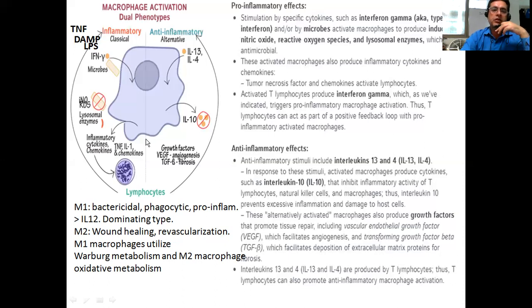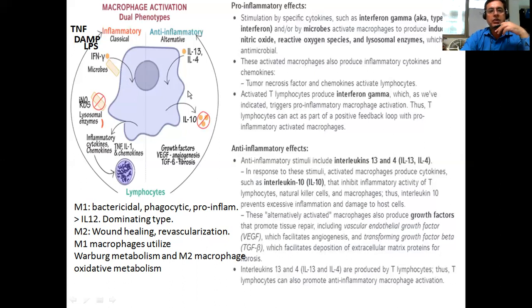But briefly, I just want to tell you here that this is a pro-inflammatory activation. M1 is a pro-inflammatory activation, and M2 is an anti-inflammatory activation. Two different types of activations of the same cell when it comes in contact with different stimuli.